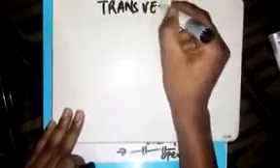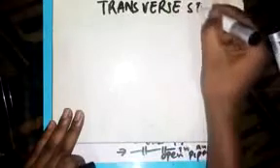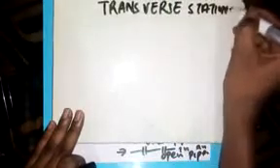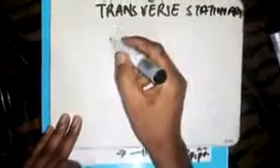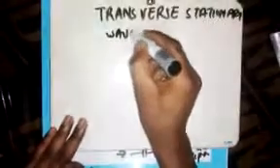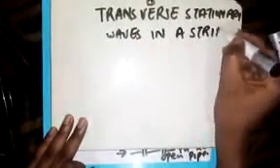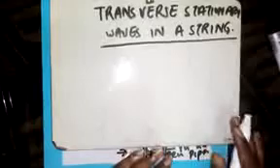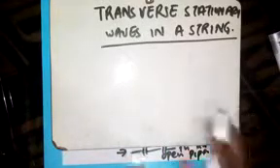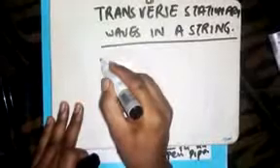We're going to start with transverse stationary waves in a string. I said one of the examples of transverse stationary waves is this transverse stationary wave in a string.